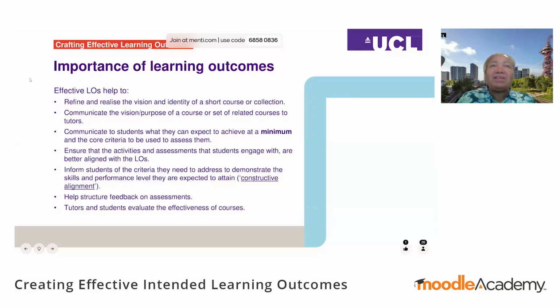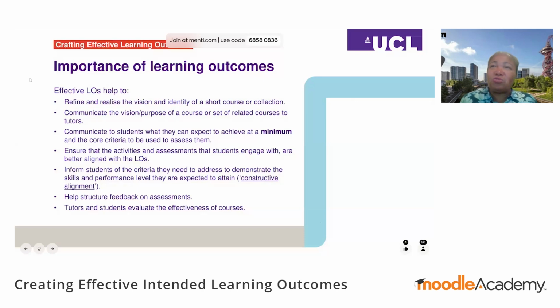And the outcomes also help you to communicate the vision or purpose of the course or set of related courses to your tutors if you're co-teaching on any of your courses. It also obviously communicates to students what they can expect to achieve at a minimum. So this is not what the high achievers can achieve.